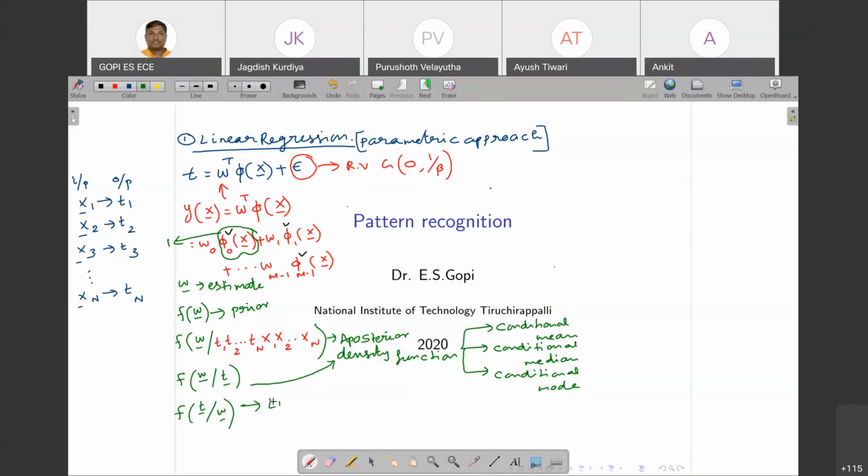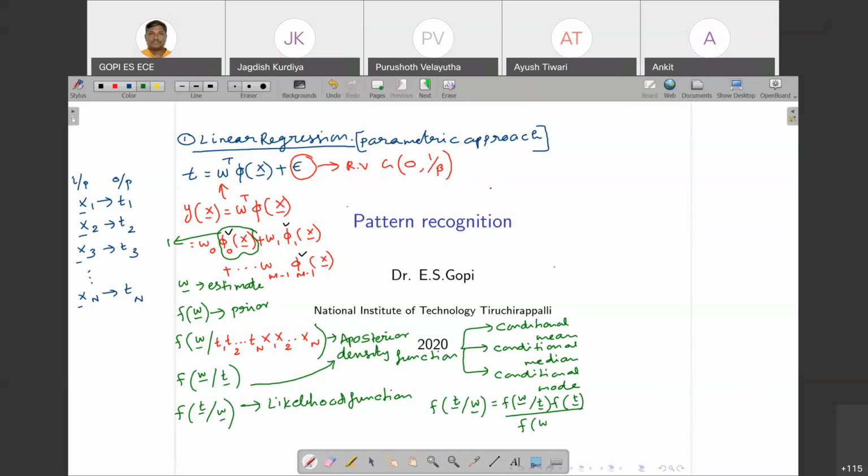Using Bayes' rule, f of w given t is f of t given w into f of w, whole divided by f of t.